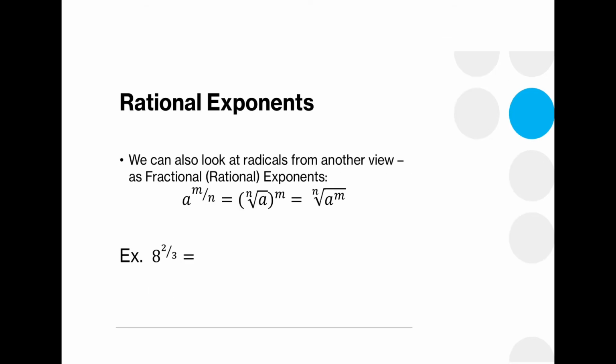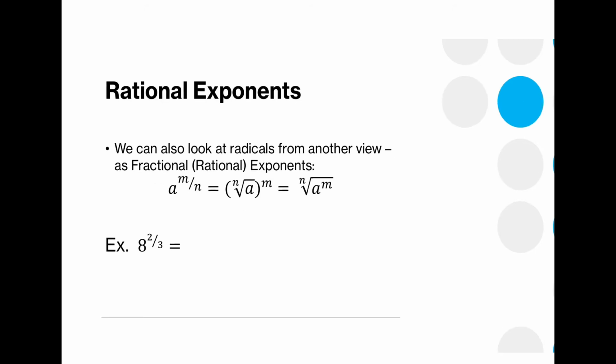Okay, we're going to talk about another way that the radicals can be viewed, and that's through fractional or rational exponents. I'm going to go back to one of the rules that we have with exponents. You might remember, maybe you don't. I'm just going to take a cube here.